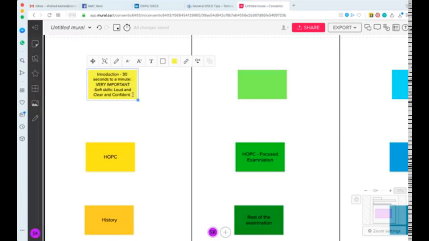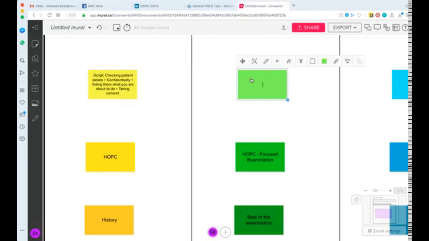And then let's have a script. So whatever your script is, it can include checking patient details, it can be confidentiality, it can be telling them what you're about to do. It could be taking consent, etc. If it's a physical examination, sometimes it gets a bit tricky what words you use.